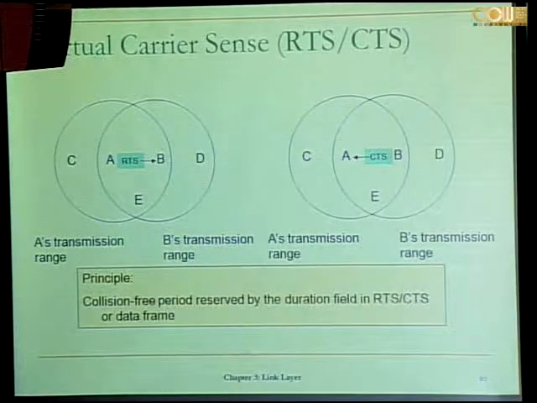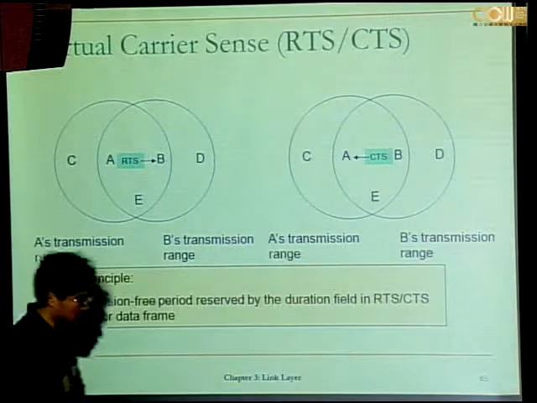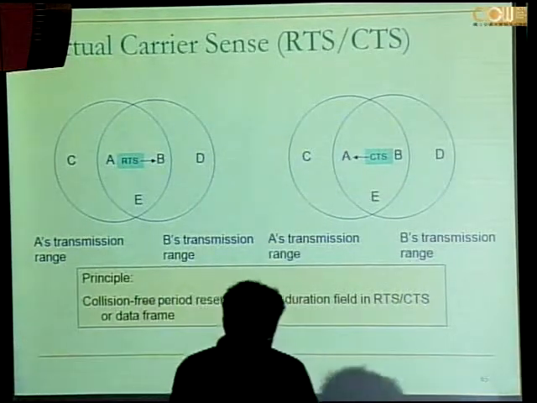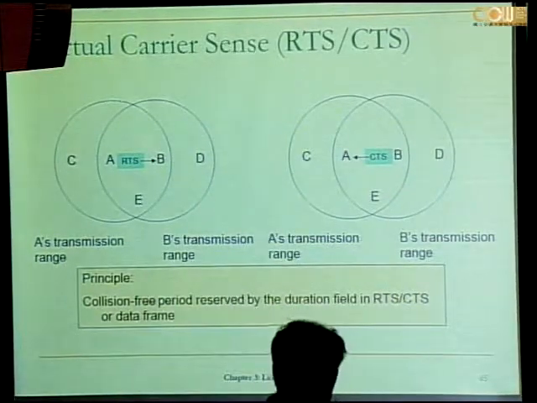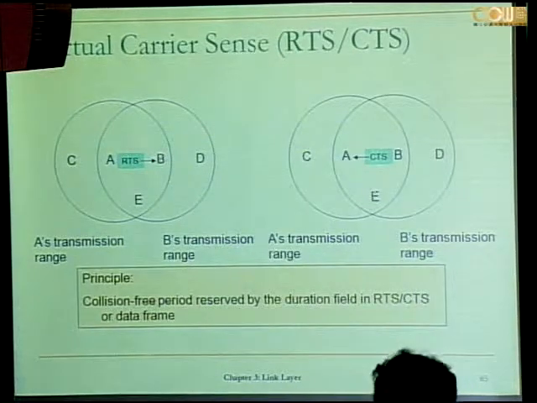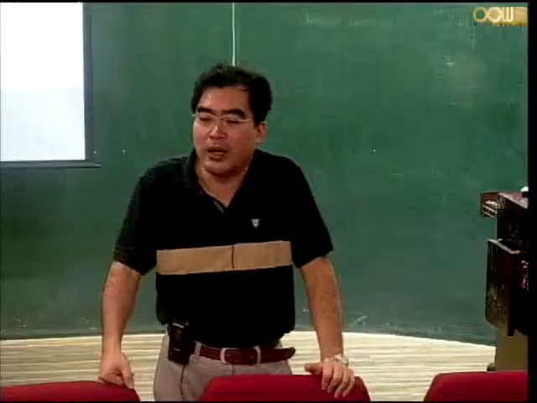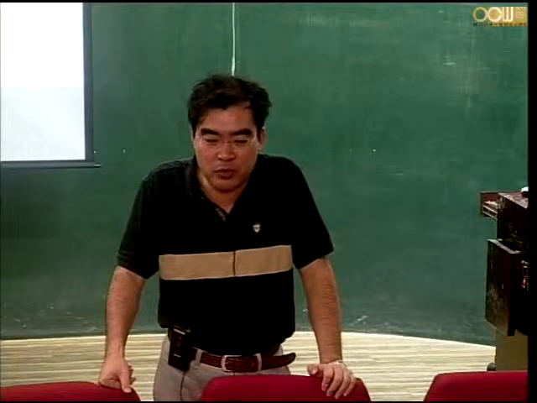You can reserve that either in RTS, CTS or the previous data frame. So this is an optional mechanism that tries to protect big frames by sending a small frame first.